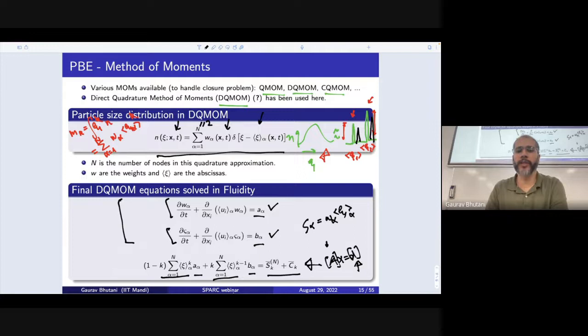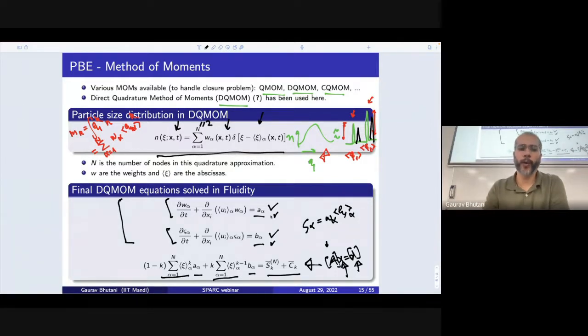So using the previous time abscissa values, you can get the abscissas and weights at the next time. For a given time, you solve this, you get your A alphas and B alphas. You substitute that in this equation and you get the weights and abscissas for the next time. And this process continues.